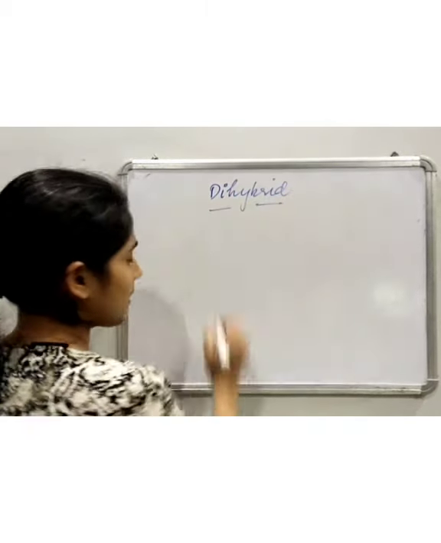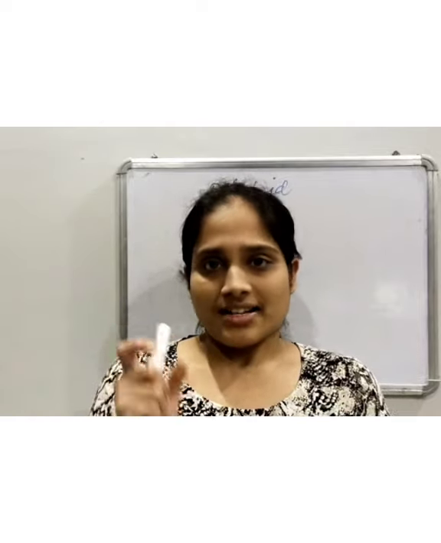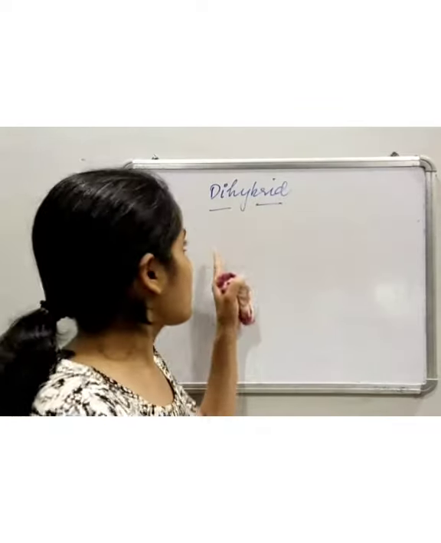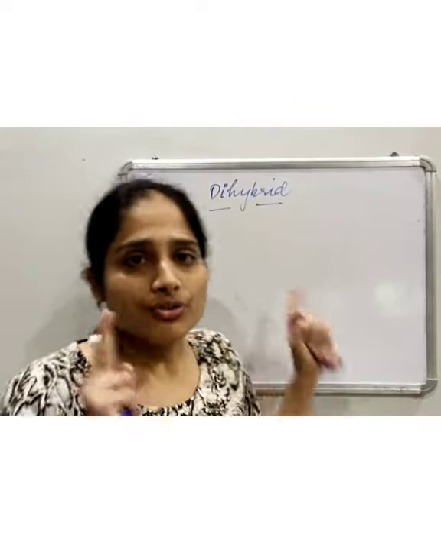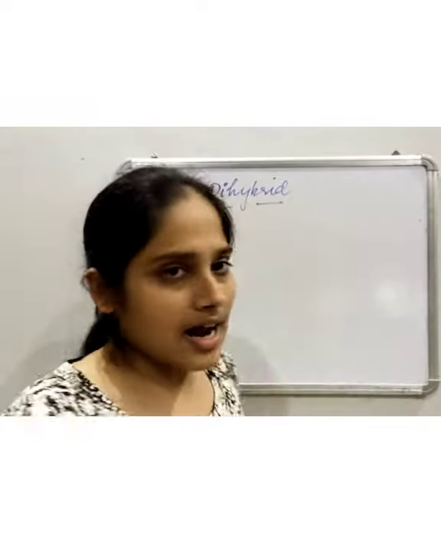When Mendel was studying the inheritance pattern of 7 pairs of contrasting features in Pisum sativum, first he looked into one character at a time, how that character passes from one generation to the other. That was the monohybrid cross. Then he looked into two contrasting features at a time. So that is the dihybrid cross.